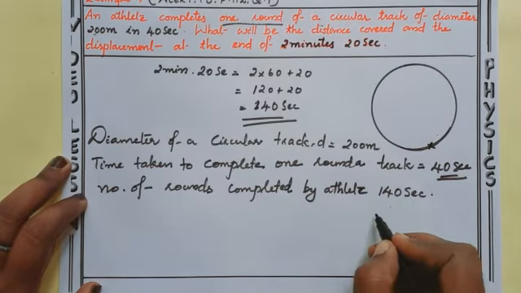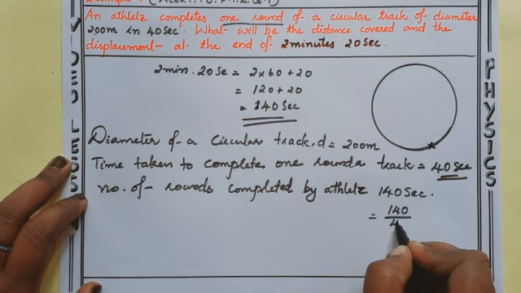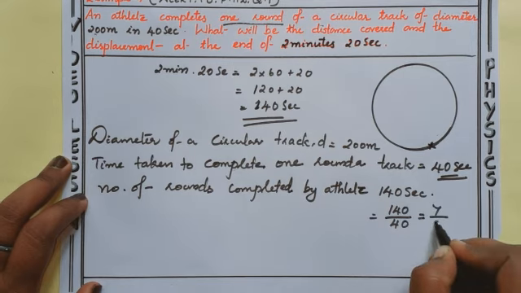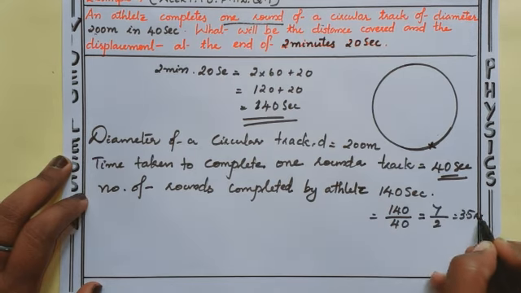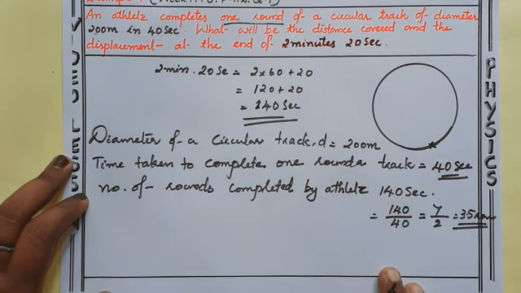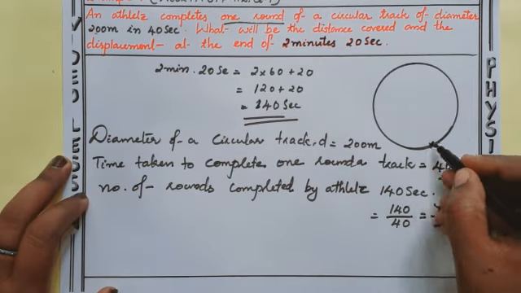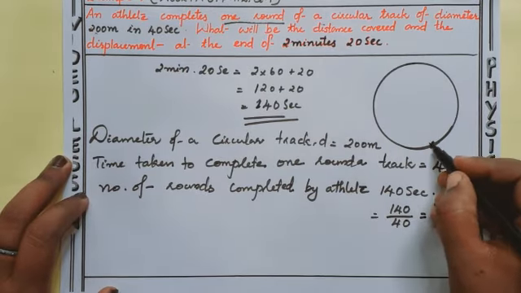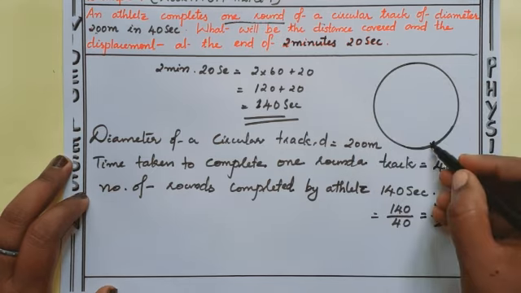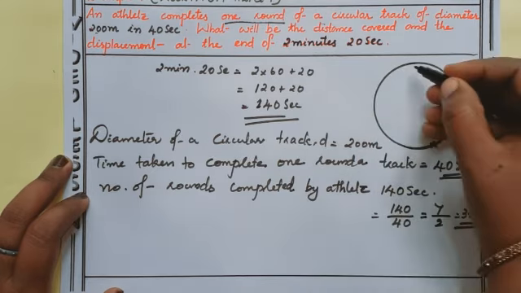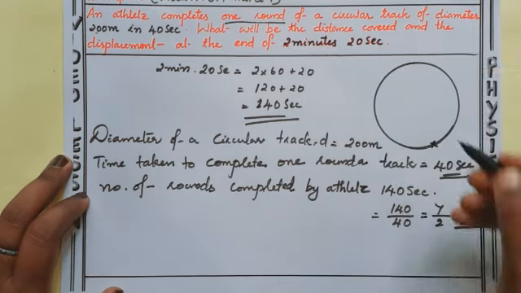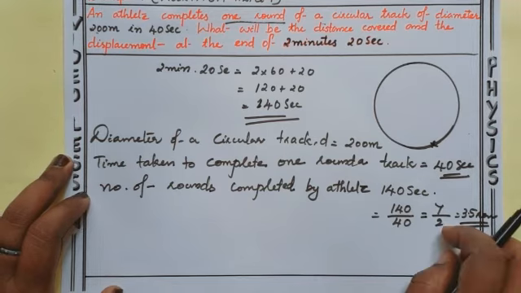And how can you find out? 140 by 40, that is equal to 7 by 2, then 3.5 rounds. Another way we can find out: in 40 seconds he covered one round, in 80 seconds 2 rounds, in 120 seconds 3 rounds, and the balance 20 seconds is half of a round. So he completed 3.5 rounds.